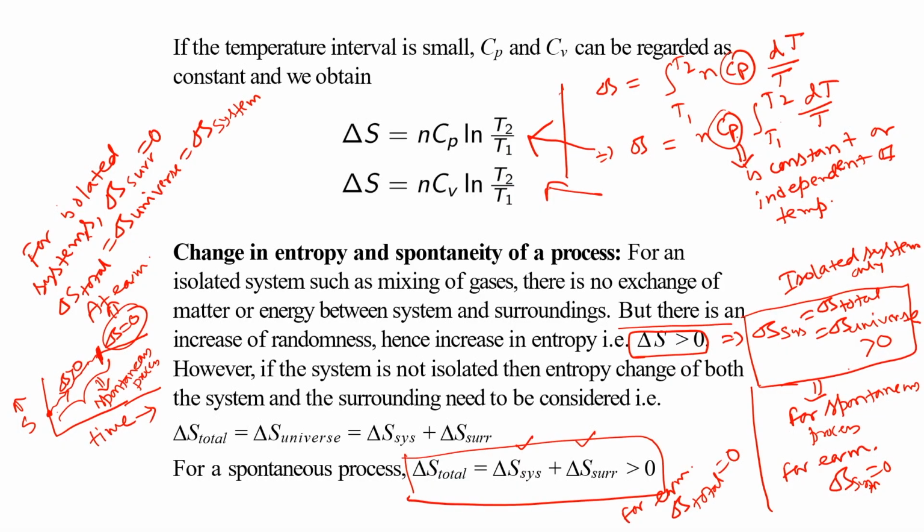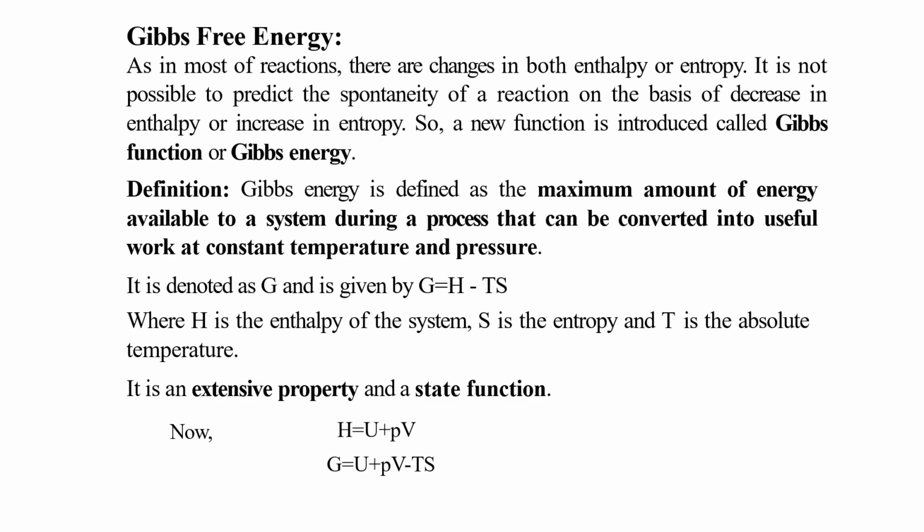So we cannot really judge whether a process is spontaneous or not by just looking at delta S system. It would be better if we define another quantity or property which can actually tell us whether a process will be spontaneous or not. Only one quantity we need, and that's why Gibbs free energy comes.